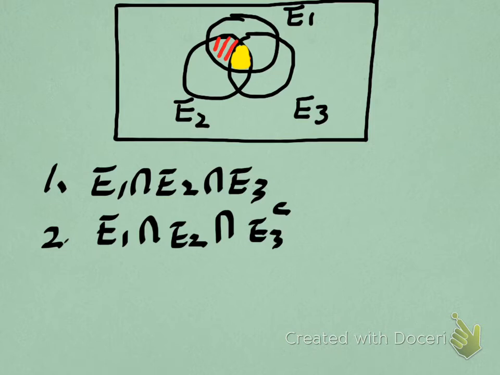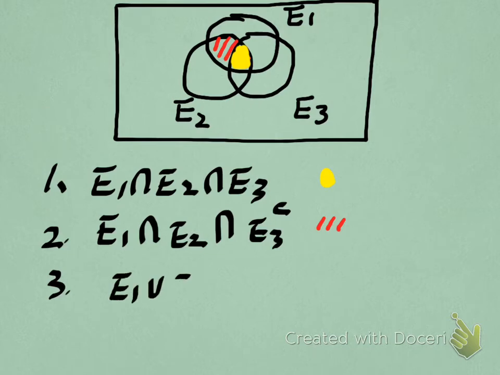So for this question, the area is shown shaded in red, and the first part is shown in yellow.